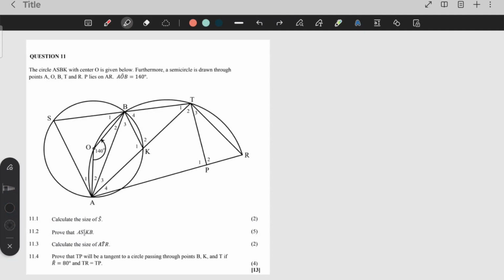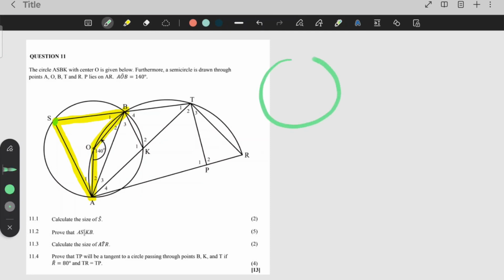Okay, so to get the size of angle S, there's angle S. Angle S is on the circumference over there. If you move down with this chord, you hit A, and you move down and you hit B. From A you can go to O, and from B you can also go to O. A and B can also go to the center.